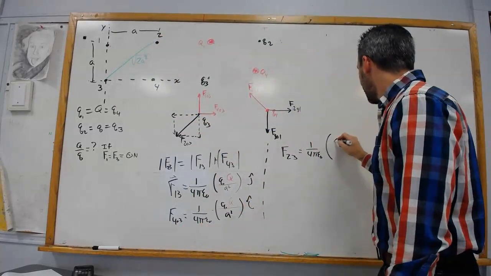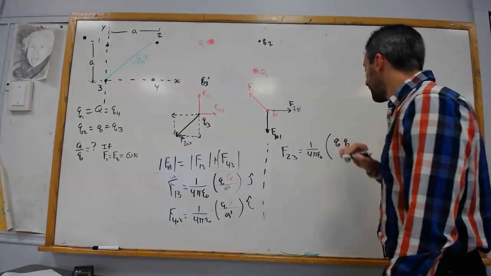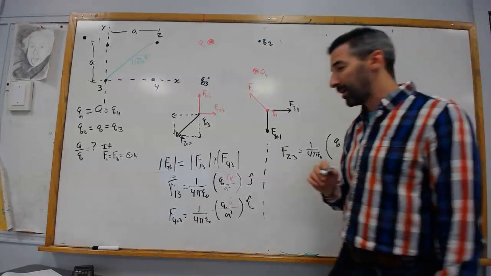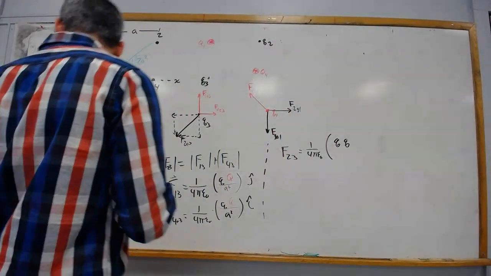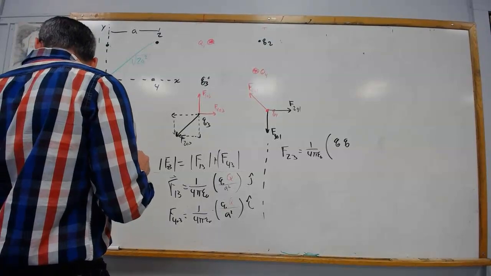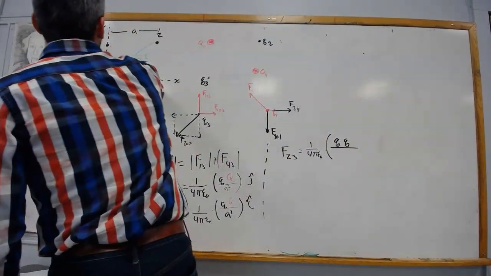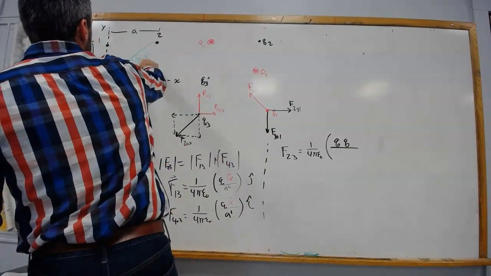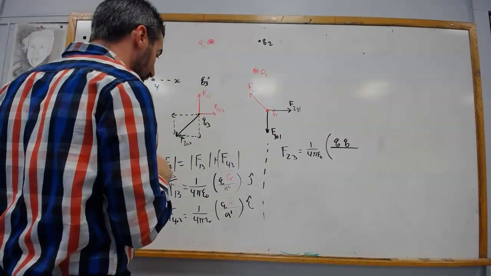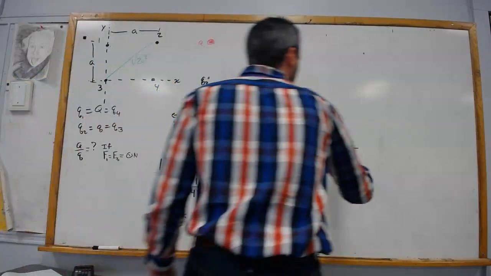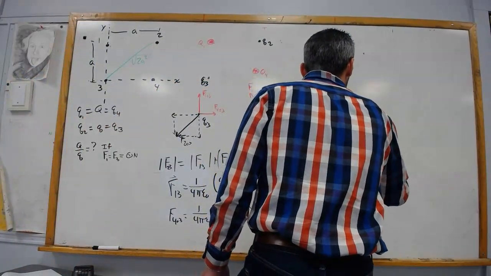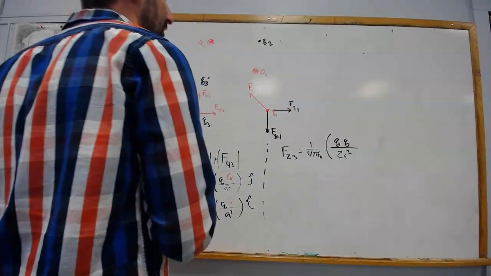So I'm going to have two small q's on the top, over the square root of 2a squared, whole thing squared, since it's over an r squared. So this is just going to be over 2a squared. I can just drop that squared right out there.